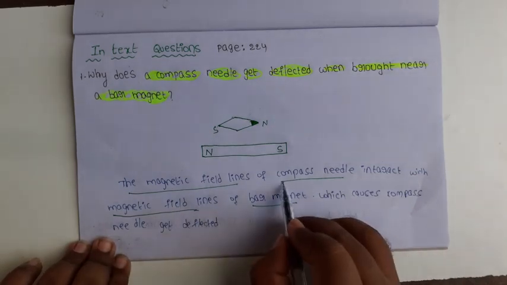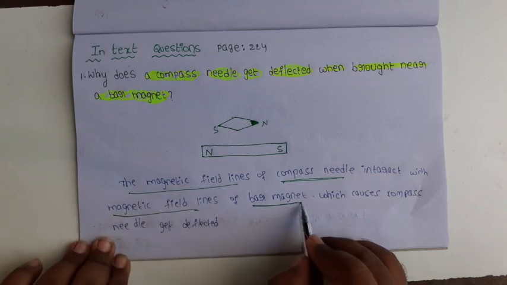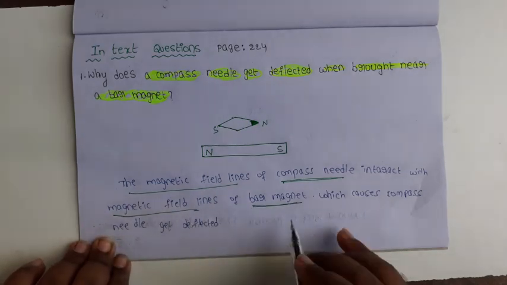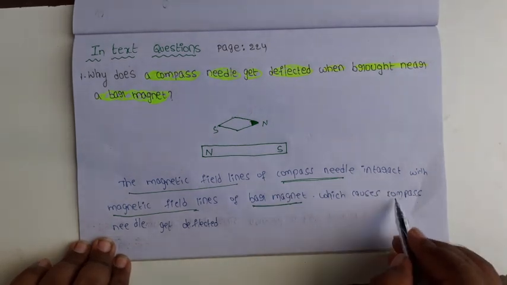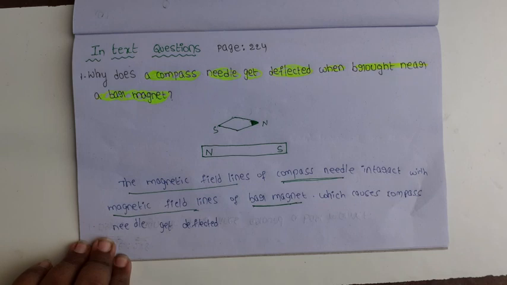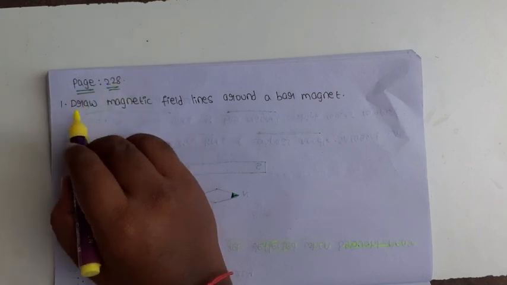So the compass needle has some magnetic field lines and the bar magnet has some magnetic field lines. Both interact with each other, which causes the compass needle to deflect. That is the answer. Next question, page number 228.